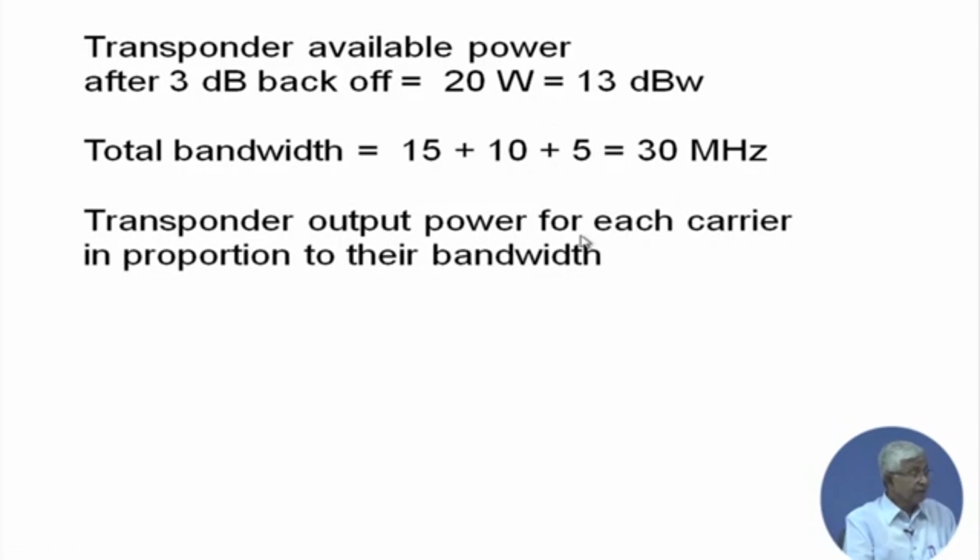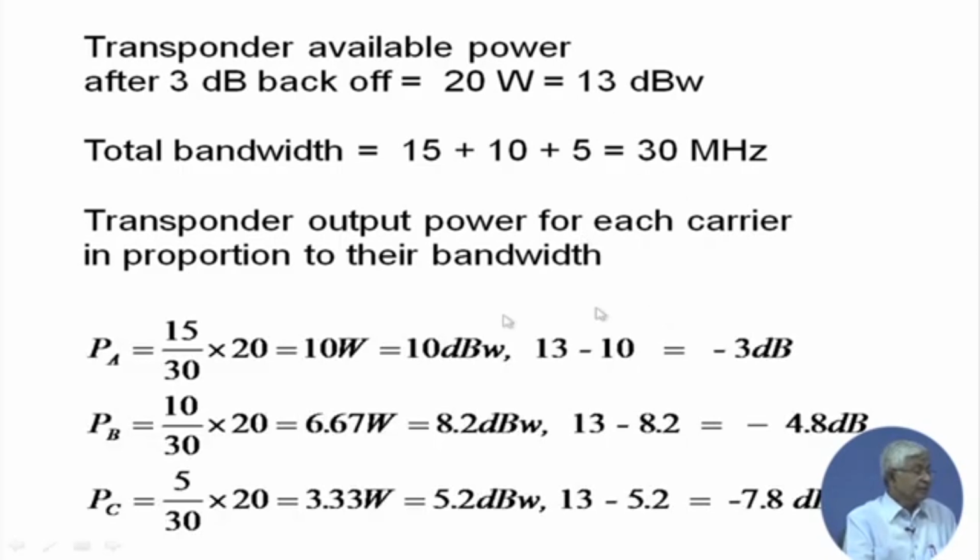Transponder output power, you can apportion in terms of bandwidth. Station A requires 15 megahertz out of 30 megahertz, and total 20 watt power is available. So, the power should be allotted 15 by 30, which is half. So, power should be allotted only 10 watt, which is 10 dBW.